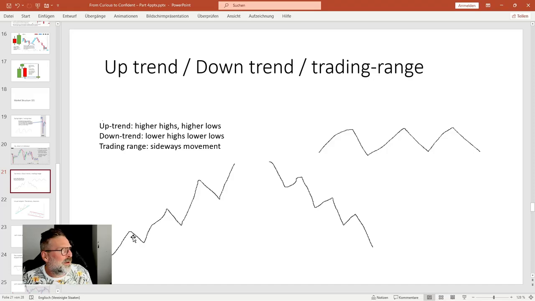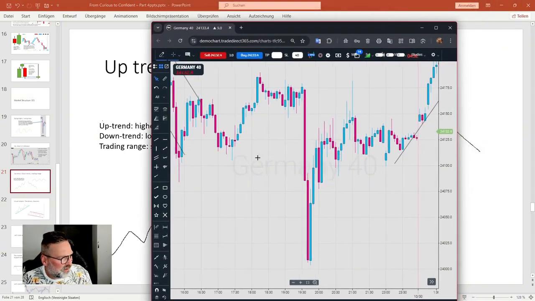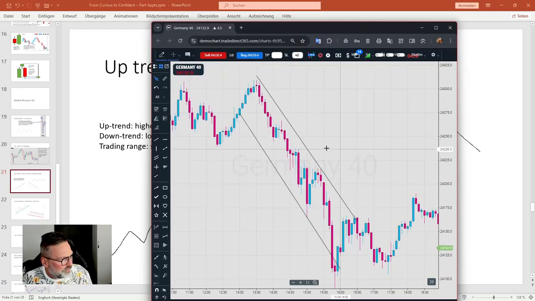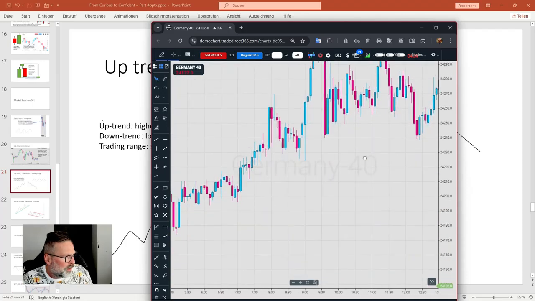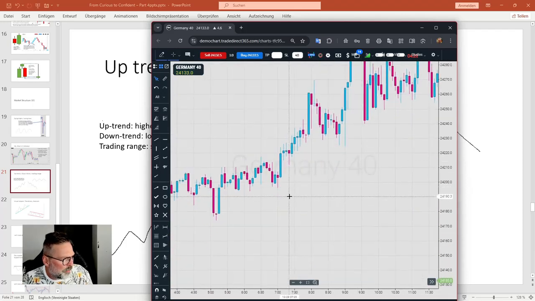But real charts, they look like this, right? But you can see here, where's a bullish example, a low, a high, a higher low, higher high, higher low, definitely a higher high.